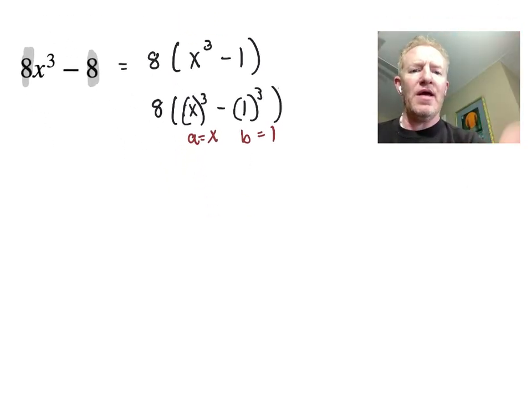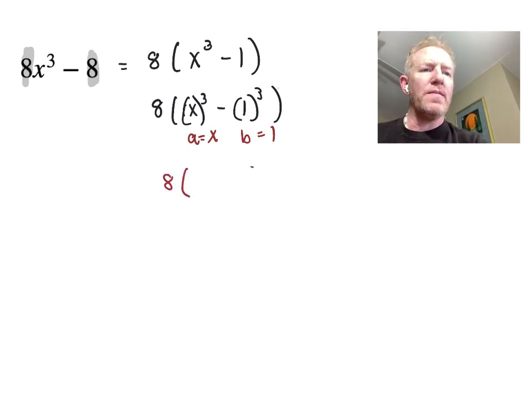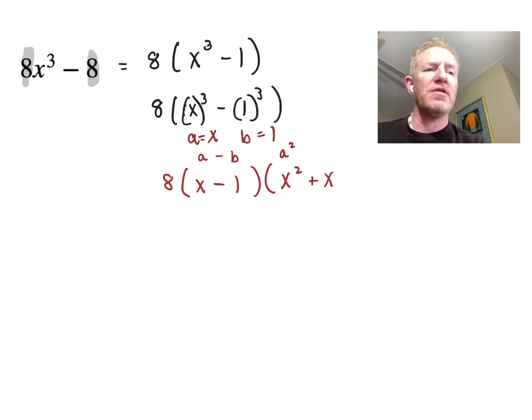So we've got our 8 sitting out front. Then the formula, and I'll write it above it, is a minus b. So we go x minus 1. Then it says take the a and square it. So we square the first thing we wrote down, the x. Then it says take your a and your b and multiply them. X times 1 or 1 times x is just x.